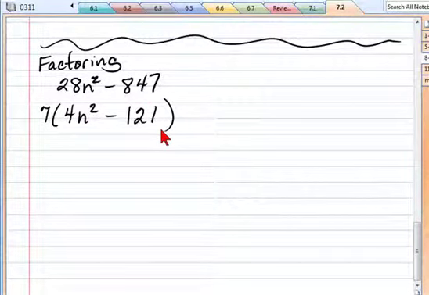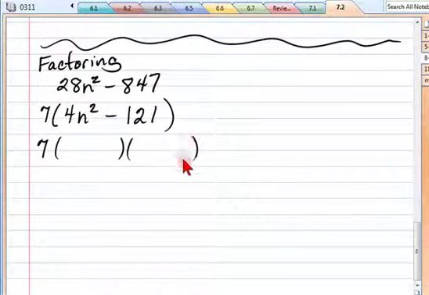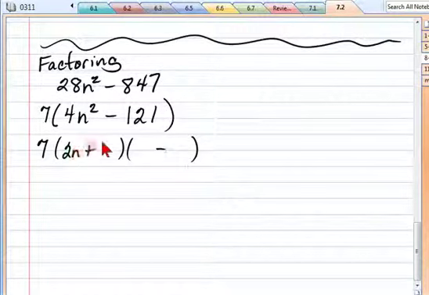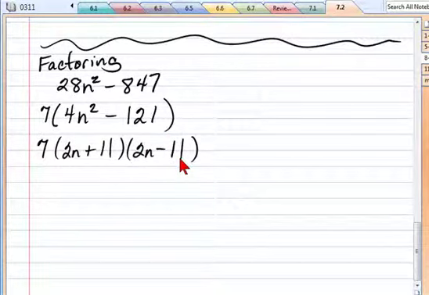Well, is that binomial the difference of squares? Yes. Keep the 7. One sum, one minus. That gives me 2n plus 11 and 2n minus 11. That was all to factor the first numerator.